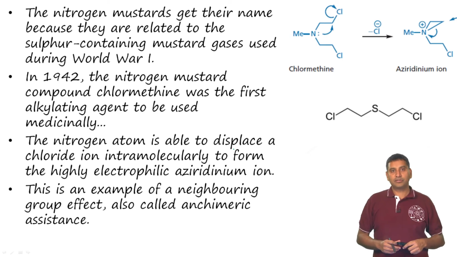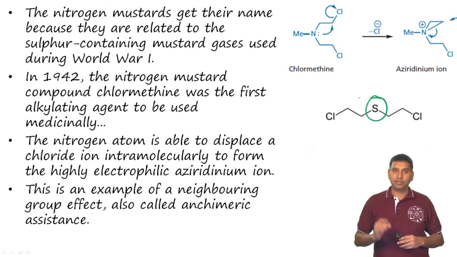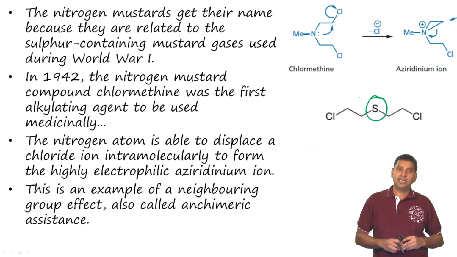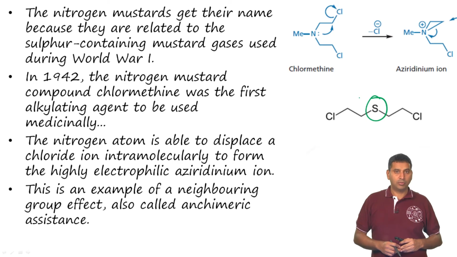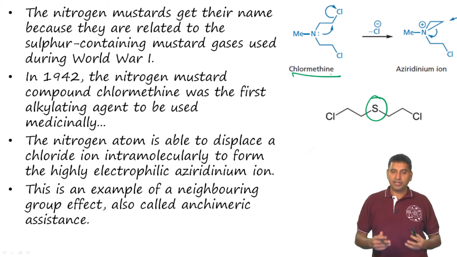So, the first class of alkylating agents that we will look at are nitrogen mustards. These are related to the sulphur-containing mustard gases that were used as weapons in World War I. In 1942, the nitrogen mustard compound chlormethine, as shown here, was first used medicinally, and it is an alkylating agent.